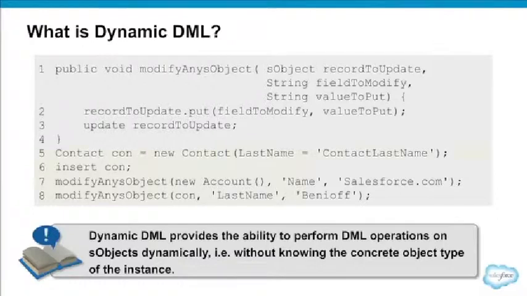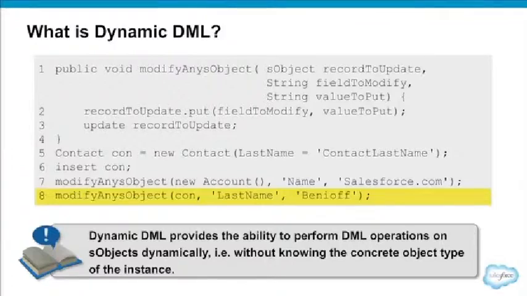Now in this case, here we have some code. We have our contact. We insert it into the database so it exists. And then we call our method down here. Let's focus on line 8. We call our method and we pass a reference to our contact record and we say change the last name to Benioff. Okay?